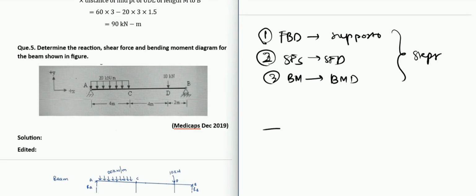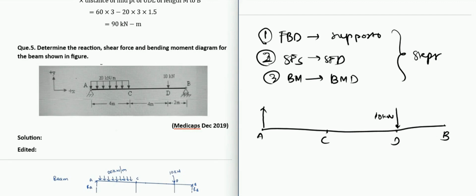So what we have here, let us say this is our beam AB. This is C, this is D. We have a point force of 10 kilonewton here. We have a UDL between A and C, and at A we have a hinge support. Because of the hinge support, we need to give two forces, let us say FAY and FAX.